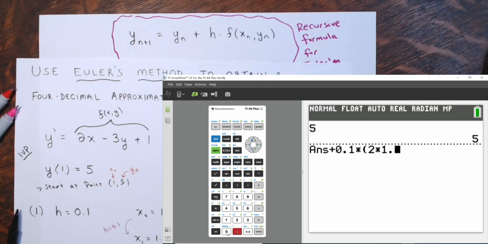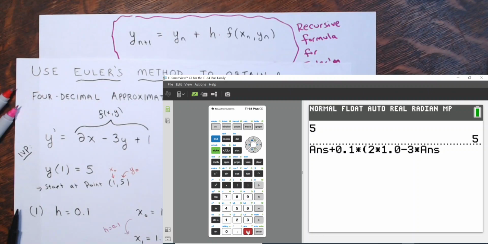1.0. There's x sub 0, 1.0. Minus 3 times y sub 0, which is again the previous answer. So I just do the previous answer of 5. And you'll see why I'm doing this whole previous answer thing when this comes up.